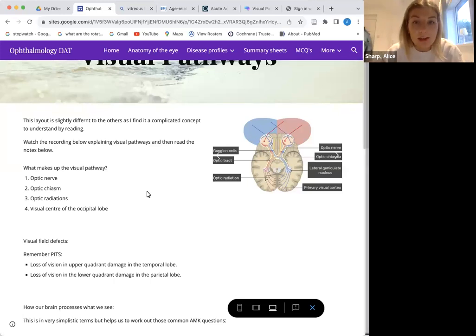You've got your optic radiations, which come from the lateral geniculate nucleus, the LGN, where the optic tract ends. It becomes an optic radiation after the LGN, going to the primary visual cortex. Then you've got the visual center of the occipital lobe, which is where your brain processes the signals that have been sent there.